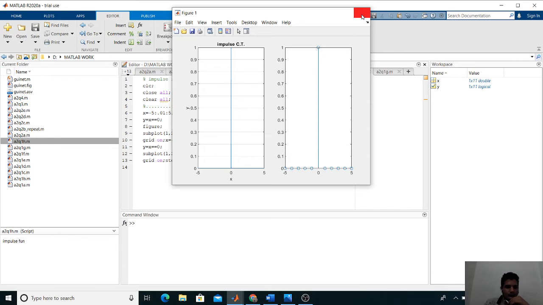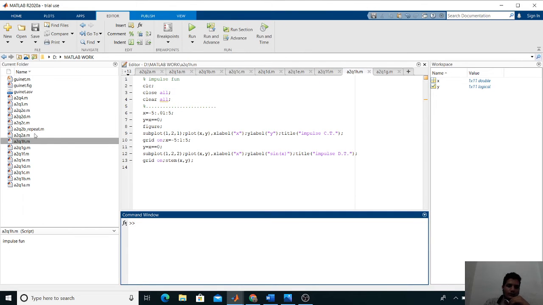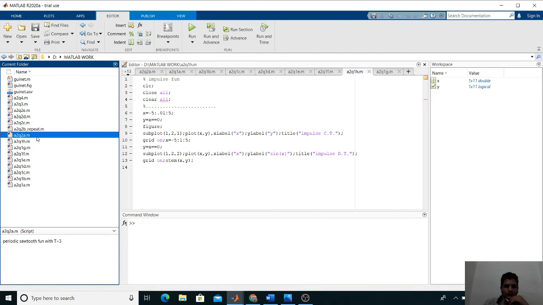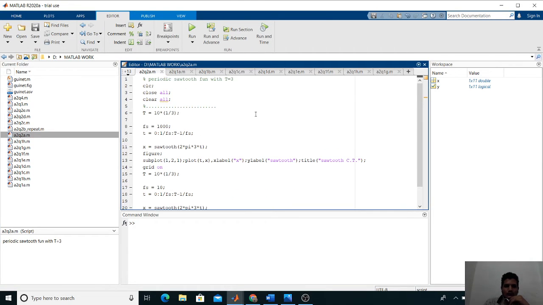Okay, so let's move to part 1 question 2. This is the periodic sawtooth function with time period T equal to 3 seconds. As we know, the sawtooth function is a predefined function. I am taking fs, and 3 seconds is the time period given, so I have taken t equal to this and 3 seconds, and this is for the stepping I have done.